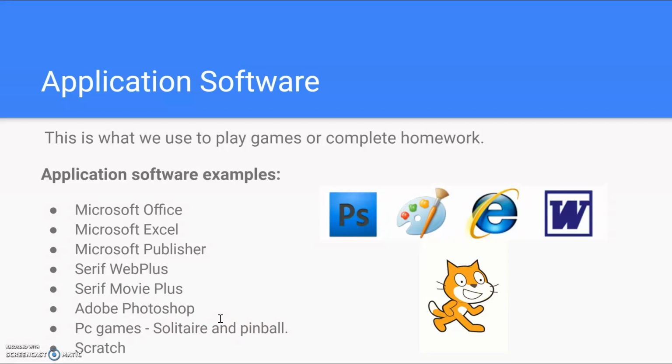But if you just think of games you play on your computer, whatever the game is, whether you put a CD in or you download it from an app online, this is all application software. And Scratch, which I know a lot of you put your hand up to say that you've dealt with the cat from Scratch in primary school, and you'll be going over that again in a few months' time.